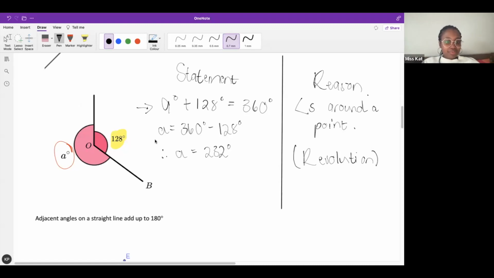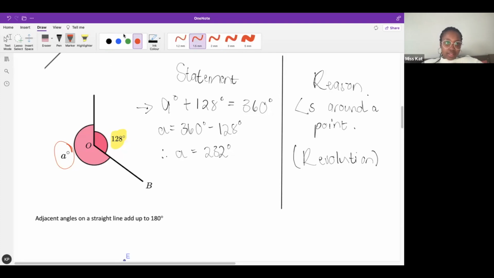I just wanted to find out, shouldn't it be a reflex angle because A is only like half of the line instead of the whole thing? What do you mean? It's only on the left-hand side, it's not the whole thing. Does 128 also contribute to the whole thing?